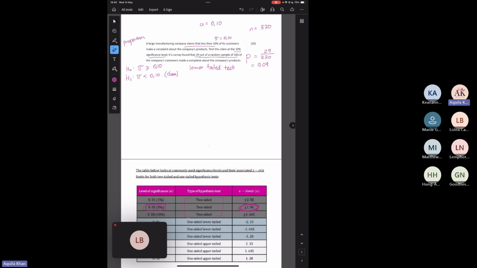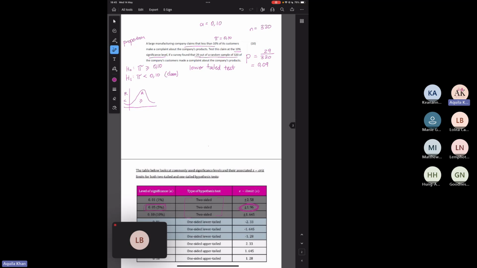And this is where the claim is being made. Then it's a one-sided lower tail test. We know that as well. Now we can draw up your bell-shaped curve. Because it's a lower tail test, there is one critical limit on the left. Everything greater than or equal to it is your region of acceptance. Everything less than that value is your region of rejection.